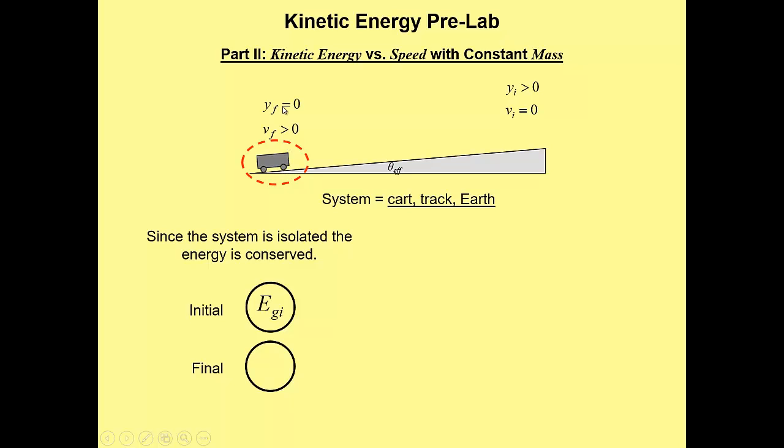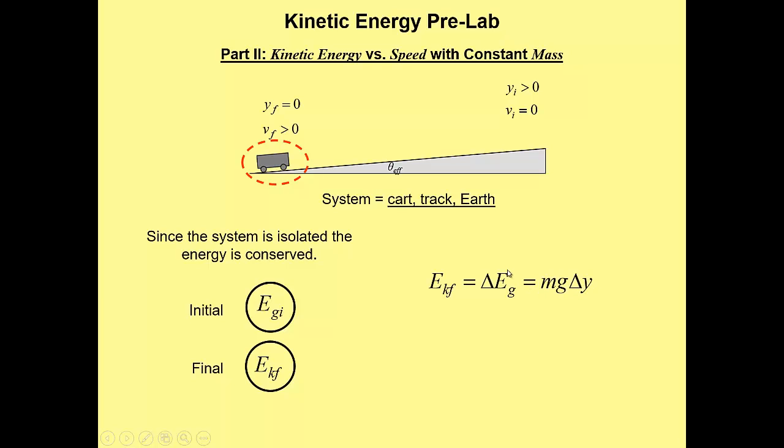Well, now there's no more Egi, but it's moving. So that means the whole pie is kinetic. And since the energy is conserved, those pies are the same size. There's the same amount of energy. And so we can figure out how much kinetic energy this cart will have at the bottom of the hill by calculating how much energy it has at the top of the hill and then using the law of conservation of energy to set them equal. And we know how to calculate the amount of gravitational potential energy at any point on the hill. We use mgy.